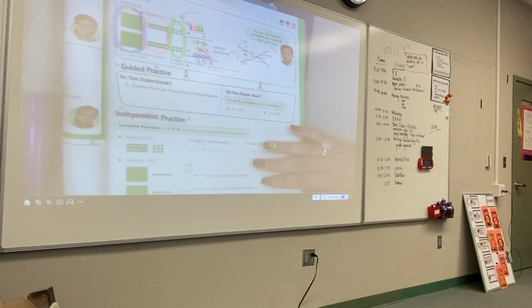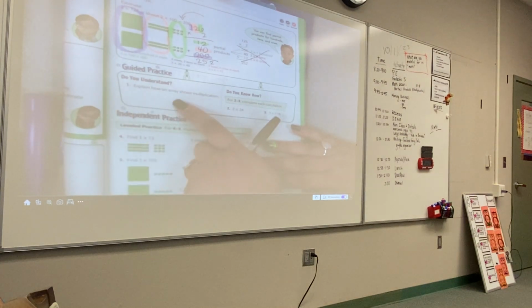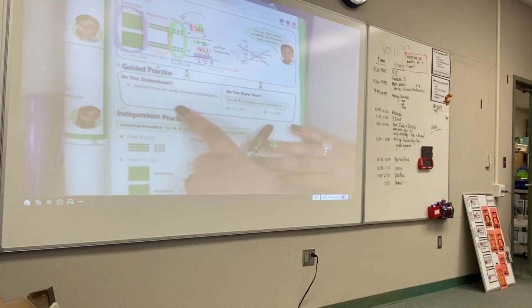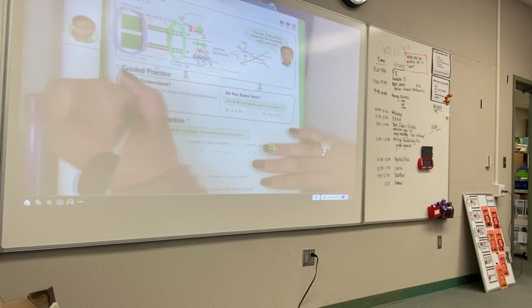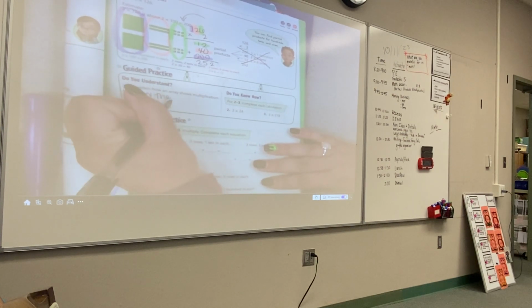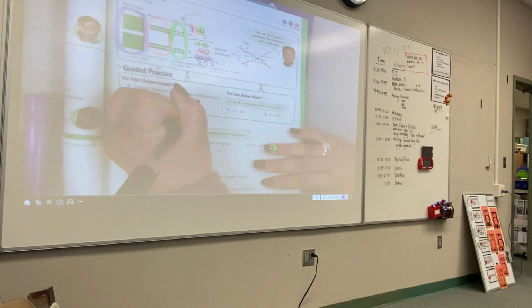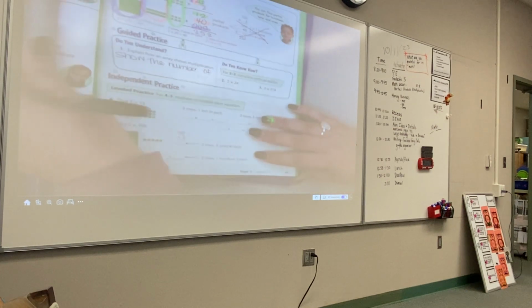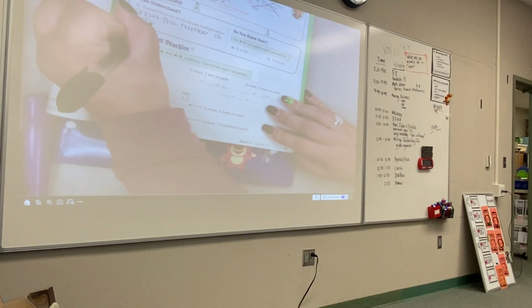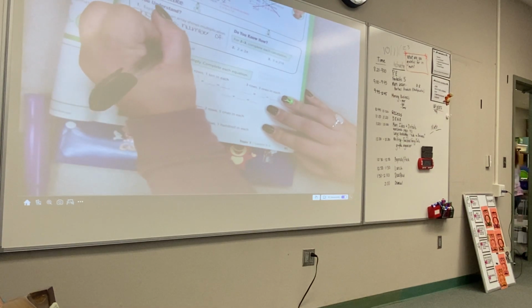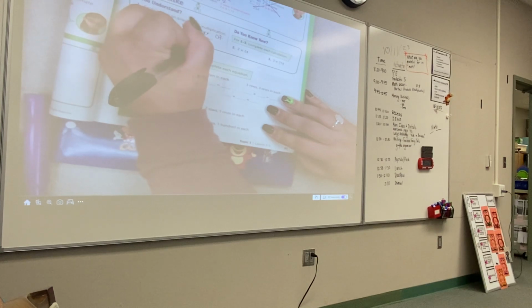So an array can show multiplication by showing us the number of rows and the number in each row.